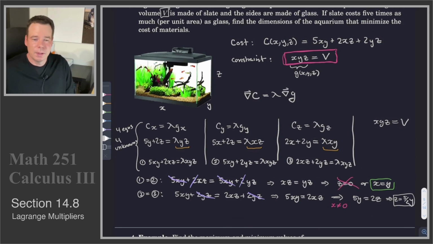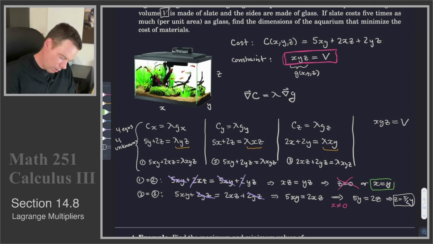However, we need to find specific values. And so what we've done is we've used the gradients being parallel to each other, but now to finish things off, we can take these two expressions and plug them into our volume equation.